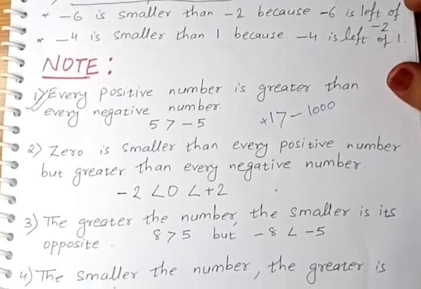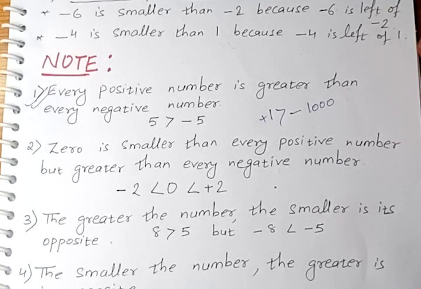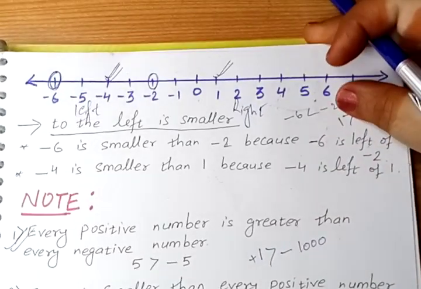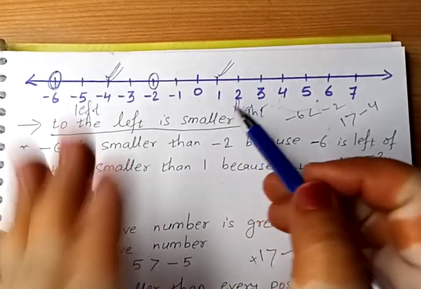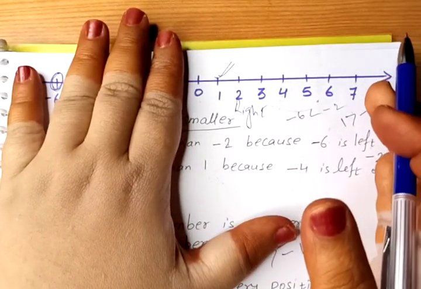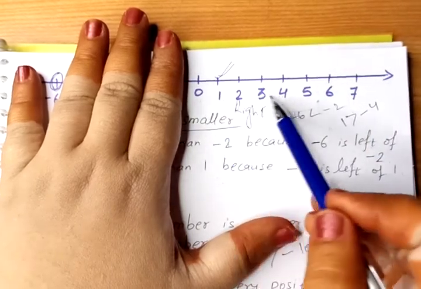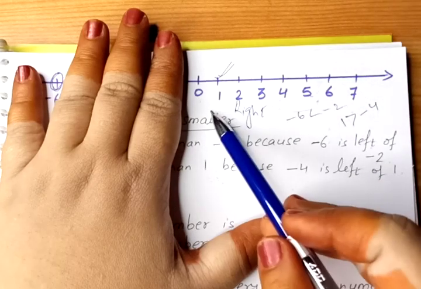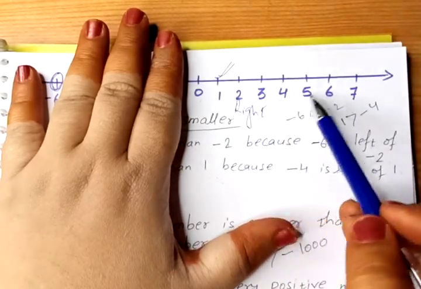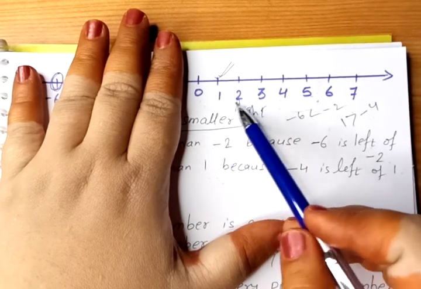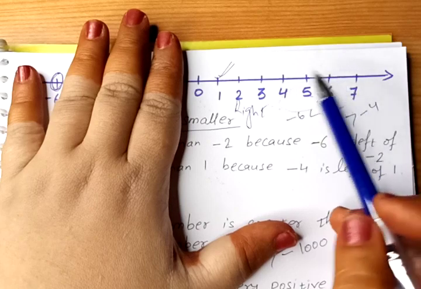Next, second thing: 0 is smaller than every positive number but greater than every negative number. You see the position of 0, children. 0 is to the left of positive numbers. When you compare 0 and the positive numbers, all the positive numbers are to the right of 0.